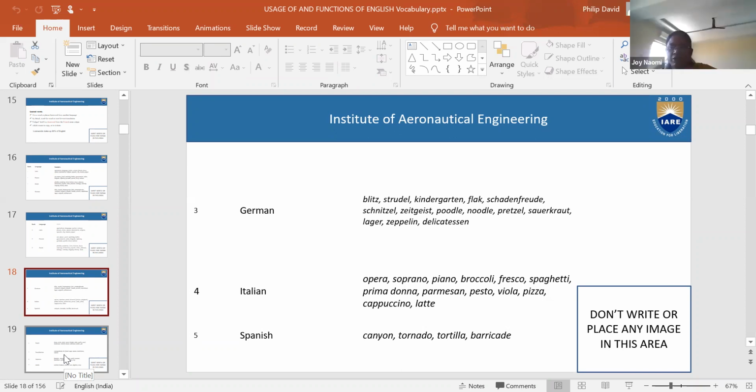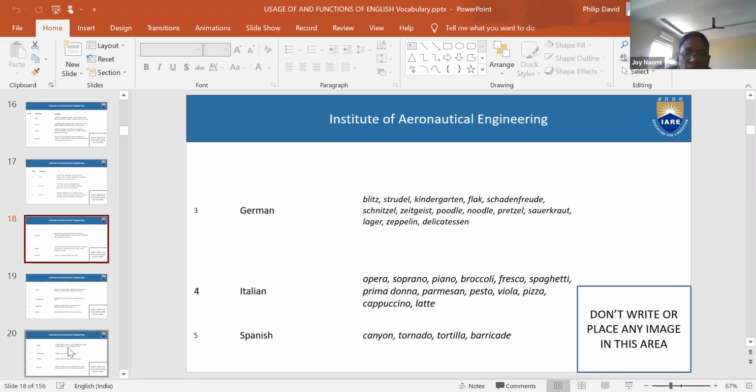From Spanish: canyon, tornado, tortilla, barricade. Barricade usually relates to army barricades.